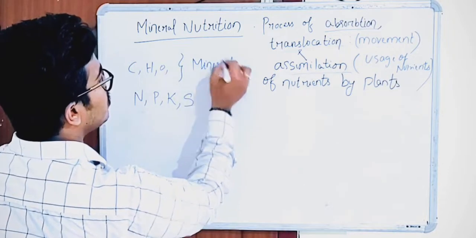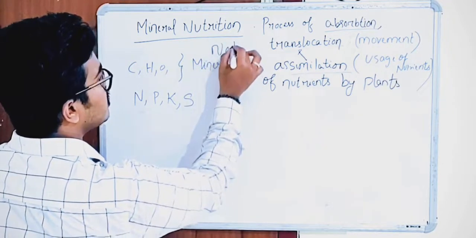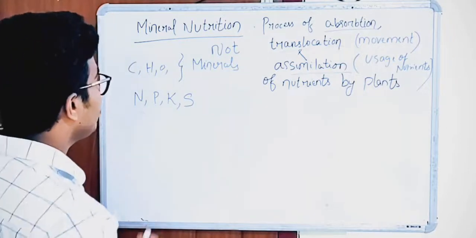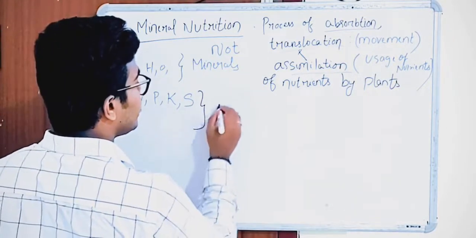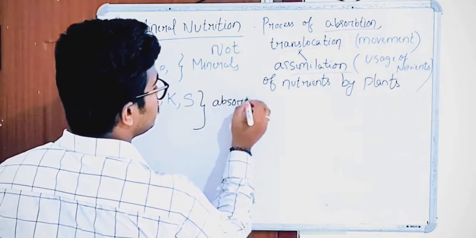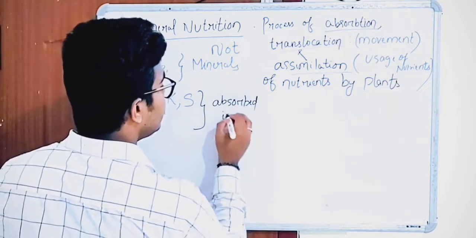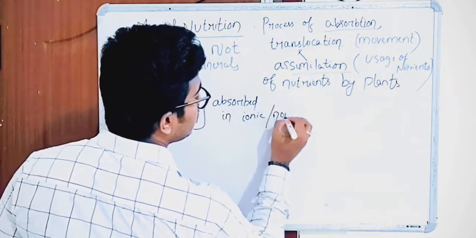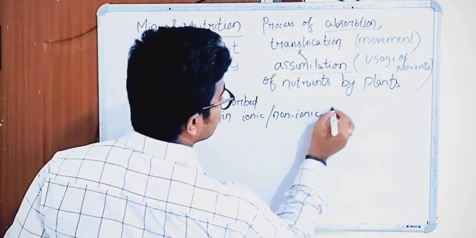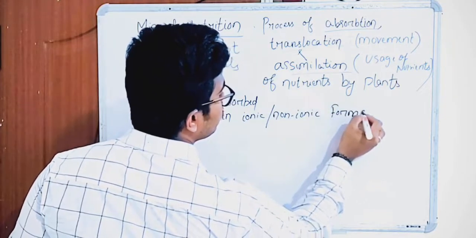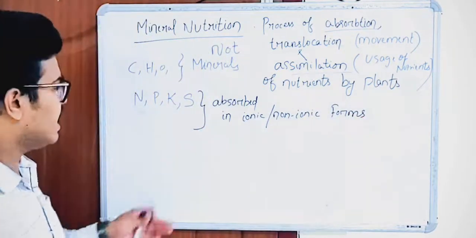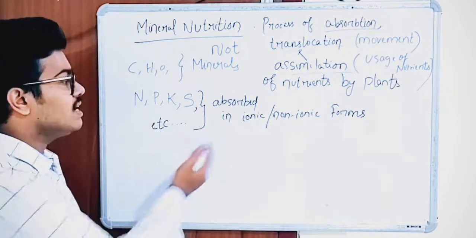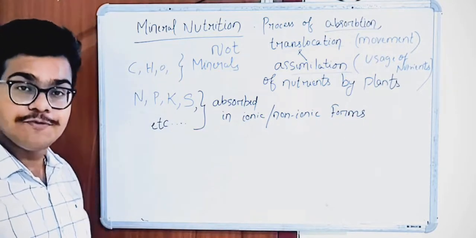NPK and the different elements necessary for plant growth are generally absorbed in ionic or non-ionic forms.